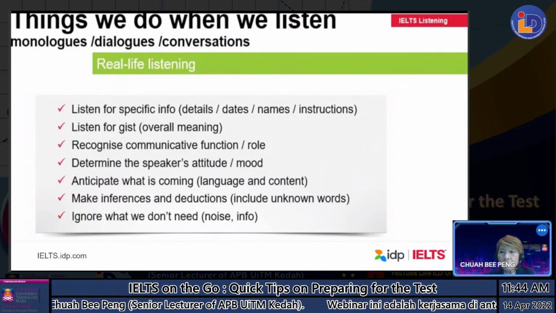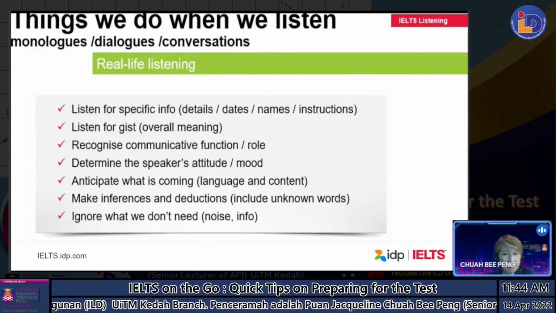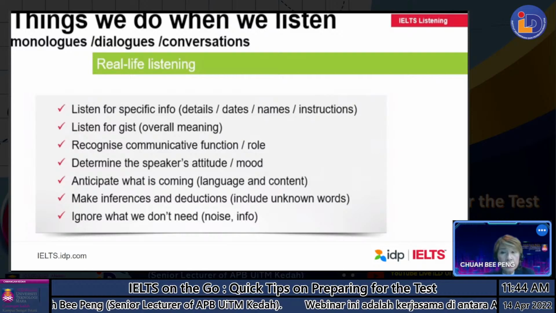Okay, Fauziana, every test provider will differ in the setup of the test venue. So some British Council test venues actually provide headphones, but for IDP Penang, no headphones as well. It's probably due to the acoustics of the ballroom.